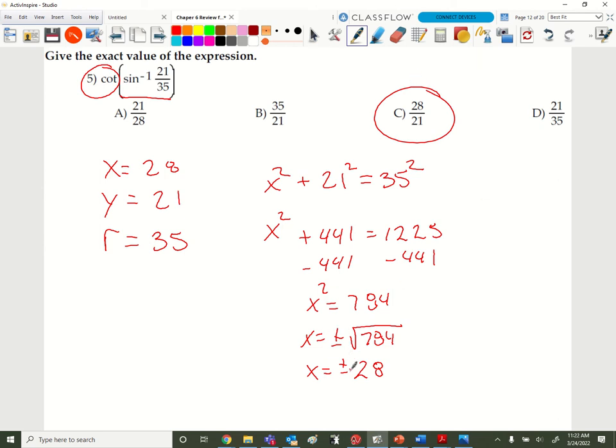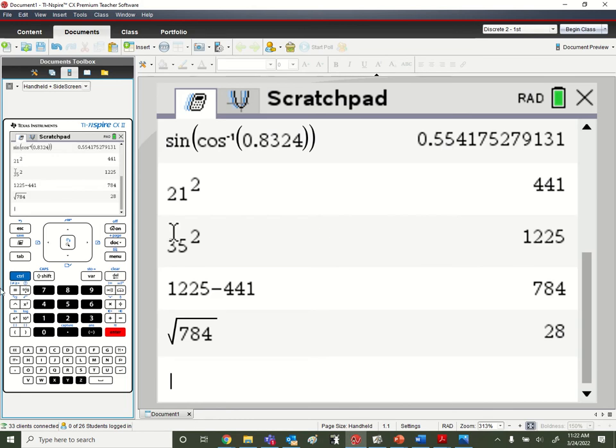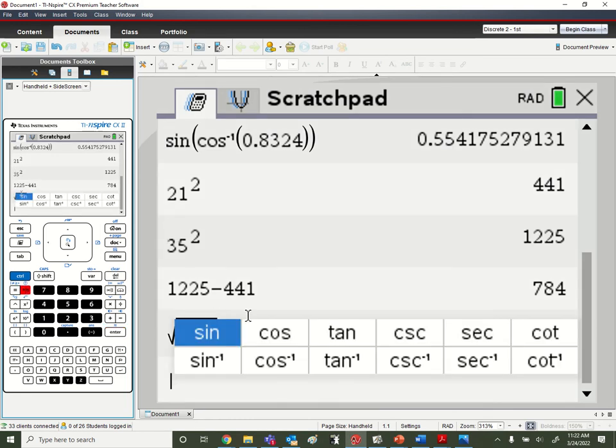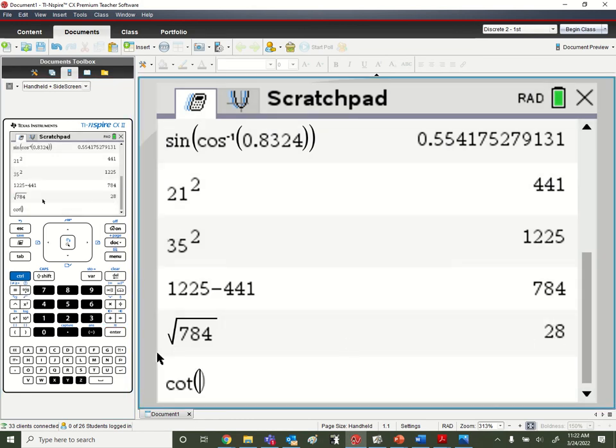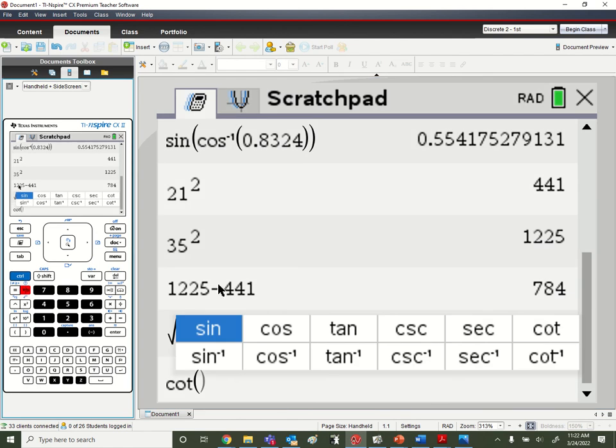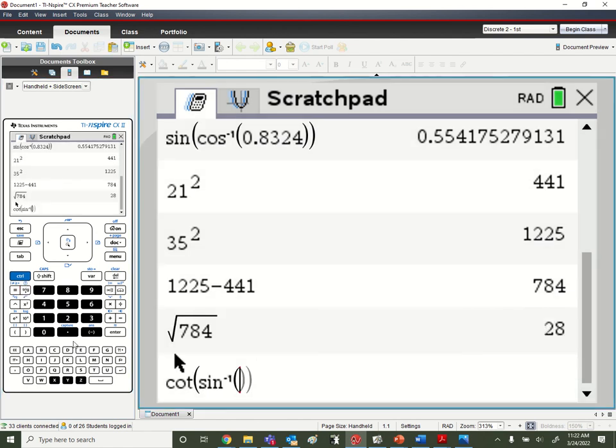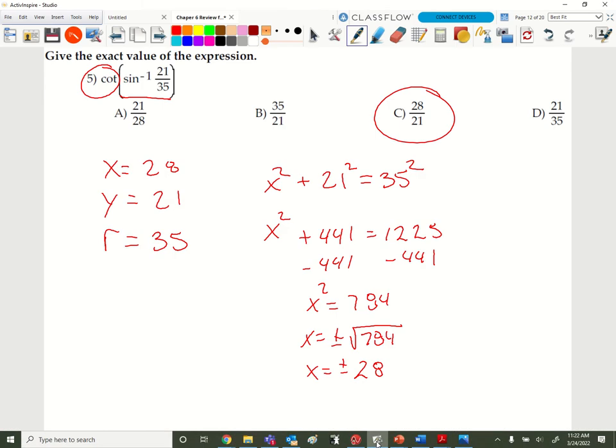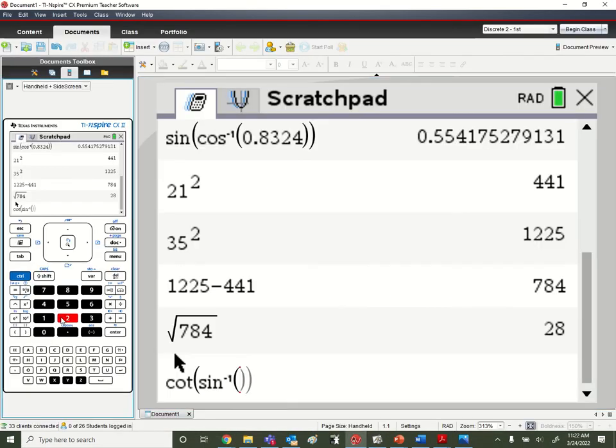So calculator says, let's see, we had cotangent of inverse sine of 21 over 35.